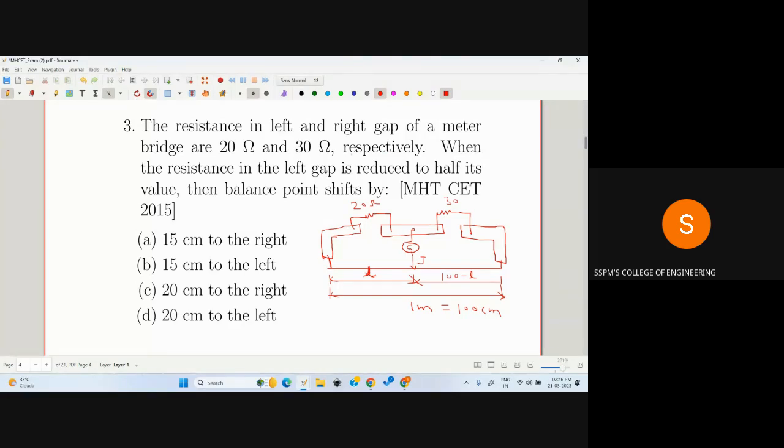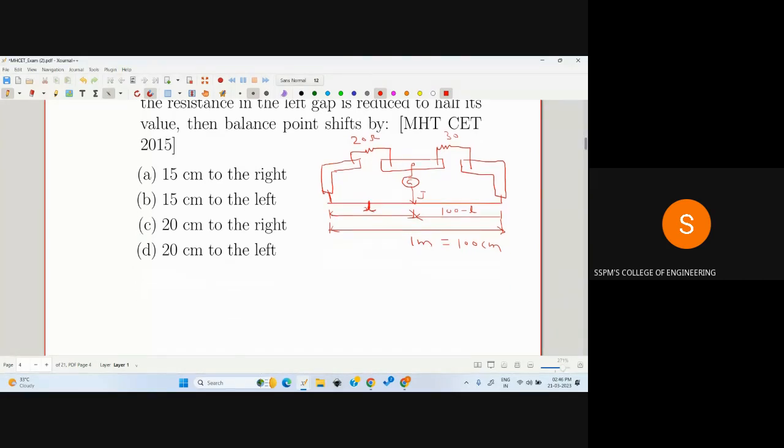For this condition, you may write the equation 20 divided by L is equal to 30 divided by 100 minus L. After solving this equation, we'll get 2000 minus 20L, by cross multiplication, is equal to 30L.